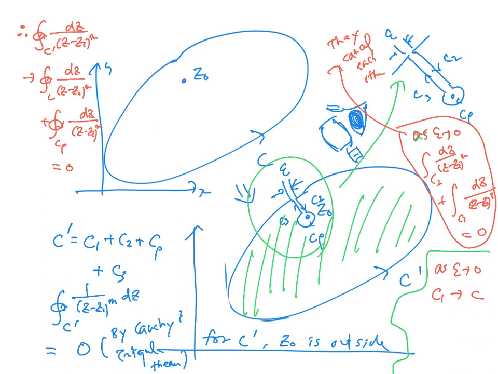And clockwise 0 is actually minus of, if we change the direction to counterclockwise, 0, dz.